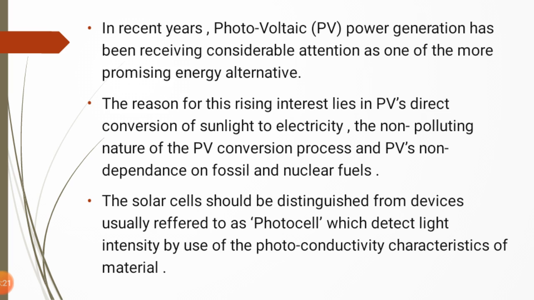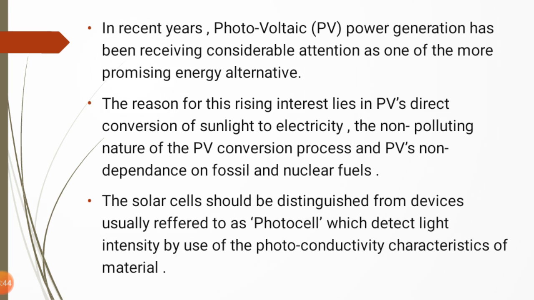What is the photocell? The photocell is a device which detects light intensity by use of the photoconductivity characteristic of the material. That means the material used for the photocell should have photoconductivity characteristics so that it can detect light very easily.